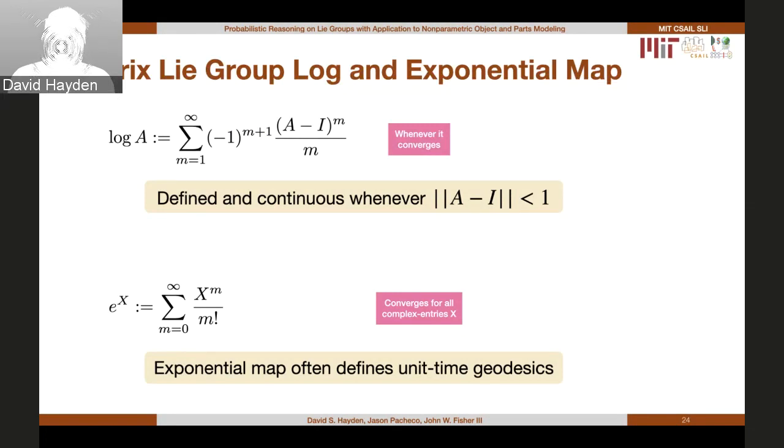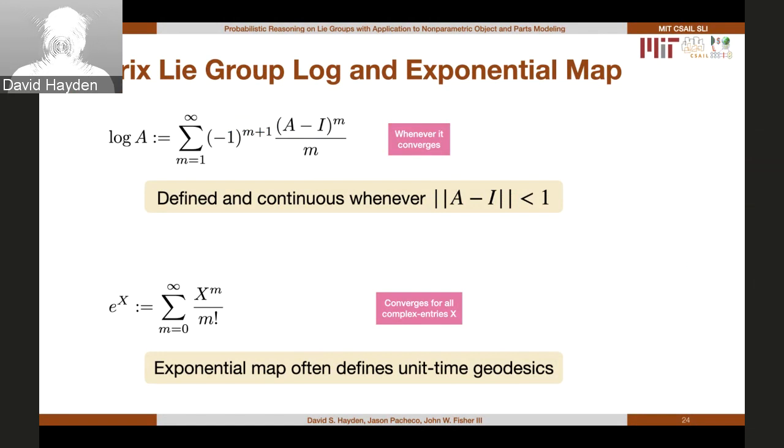The logarithmic and exponential map in the case of matrix Lie groups, such as SE2 and SE3, have these expressions here, where log of the matrix element A, which has a rotation submatrix and a translation subvector, is defined in terms of the matrix logarithmic map. This is well defined for any matrix A such that A minus I has a norm less than 1, which is technically only working on the rotation submatrix part of this element, so it's defined in all cases.